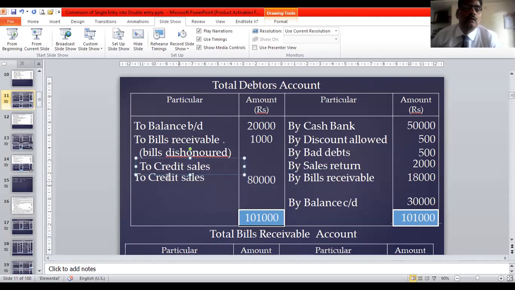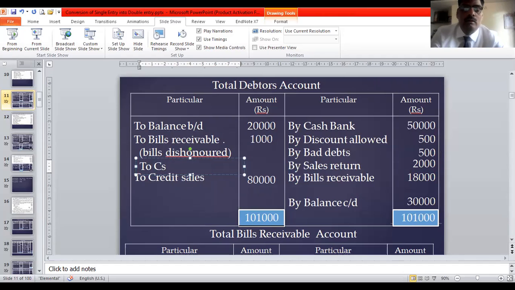Cash refunded to debtors comes in the debtors account debit side. This is one more point you remember in the debtors account.